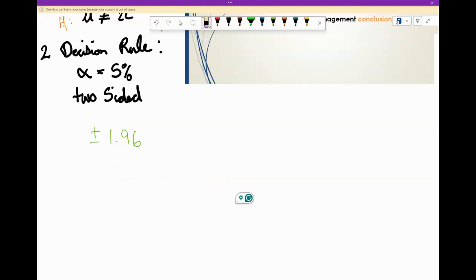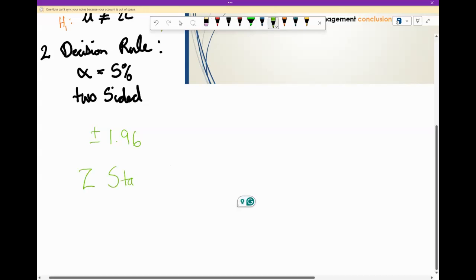So our Z stat, okay, it should be greater than 1.96, and if it is less than 1.96, this is the same thing.